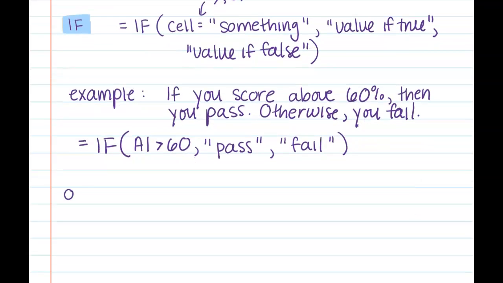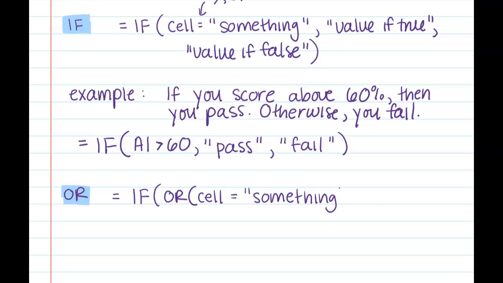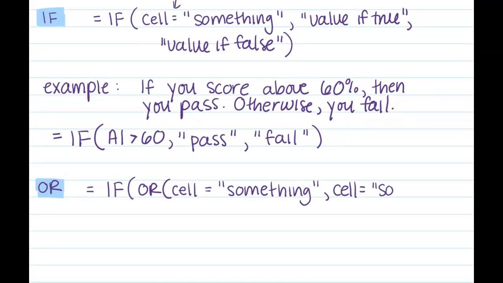We also have or, as far as a logic kind of word that we're using. So with this one, we'll say equals if, and then we'll put or within there. And then we'll have a cell equals or greater than or whatever else, something, comma, cell equals something.